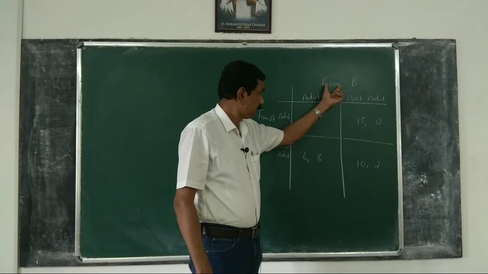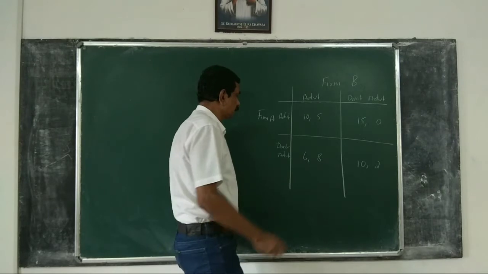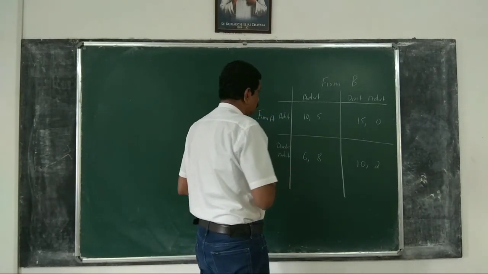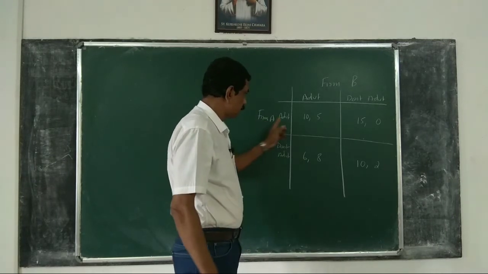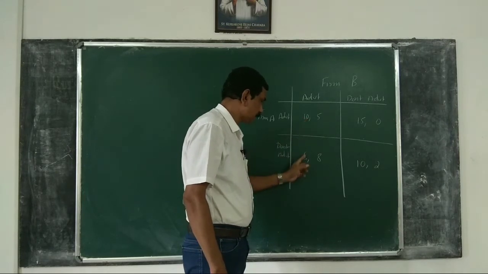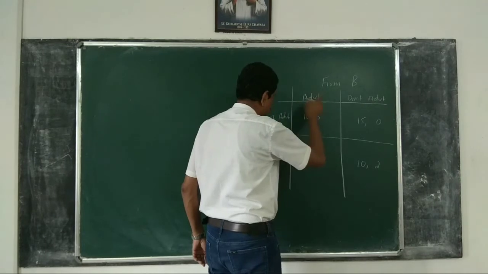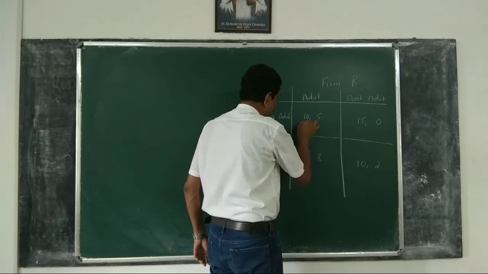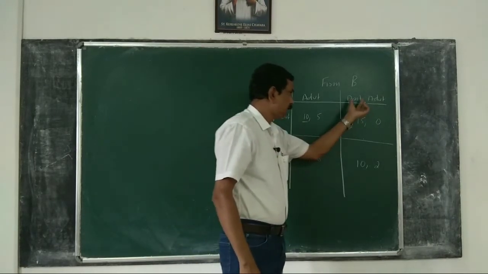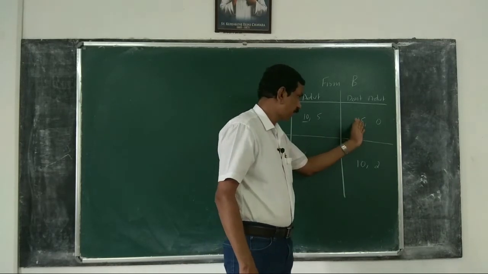Now consider firm A. If A assumes that B will advertise, A will get a payoff equal to 10 if it advertises, 6 if it doesn't. So if A assumes that B will advertise, better for A to advertise. Similarly, if B doesn't advertise, and A advertises, A will get 15.